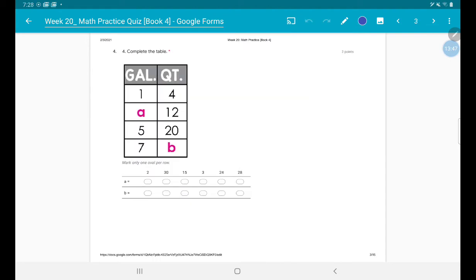And next, number 4, we have a function table. We're going from gallons to quarts. So if I draw my function machine here, I'm looking for the rule that if I drop in 1, I would get out 4.